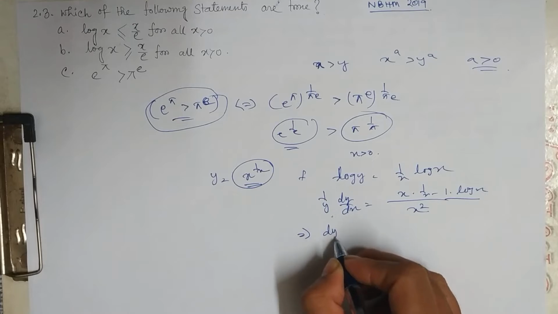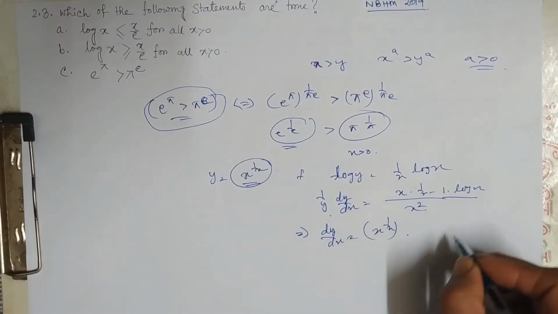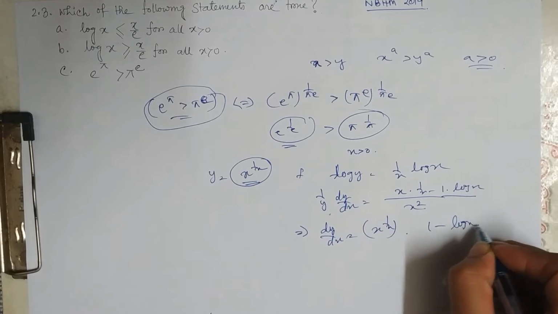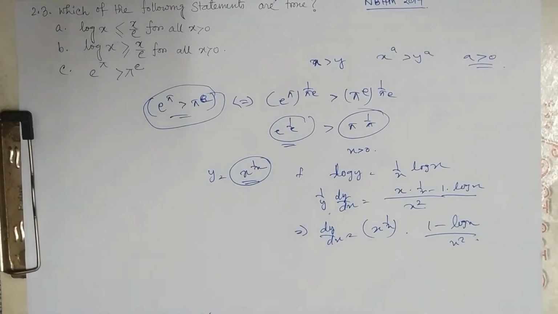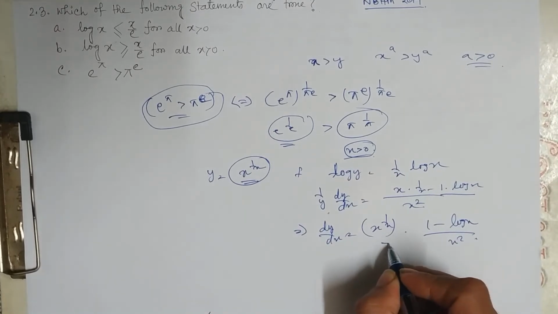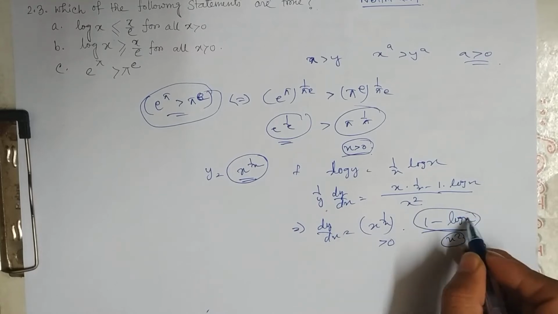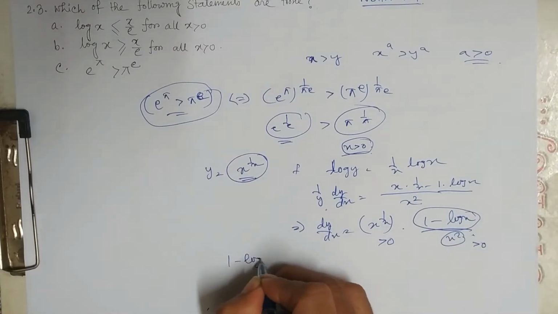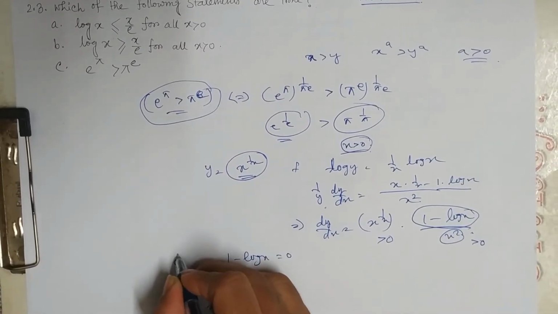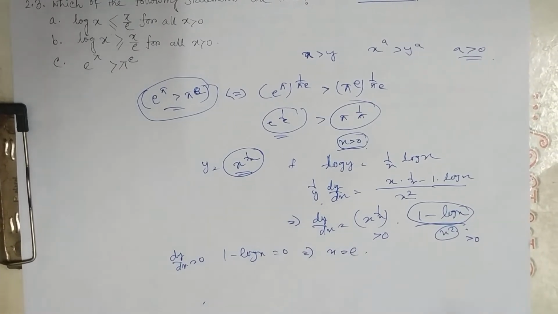Since we are taking x positive, this thing is always positive, and this is also positive, so we just need to worry about this term. Now 1 minus log x equals 0. If we solve for dy by dx equals 0, we get x equal to e.